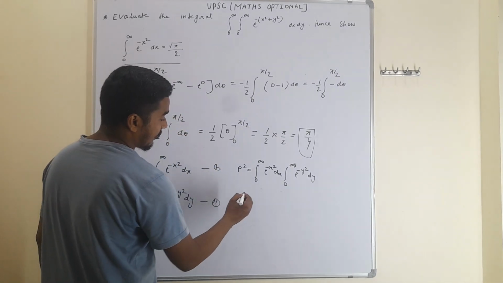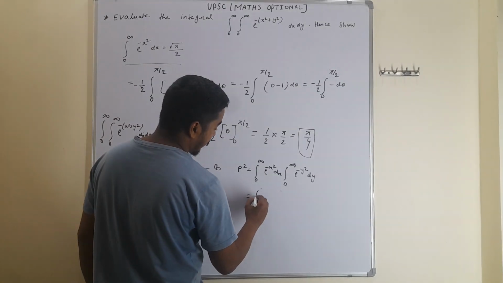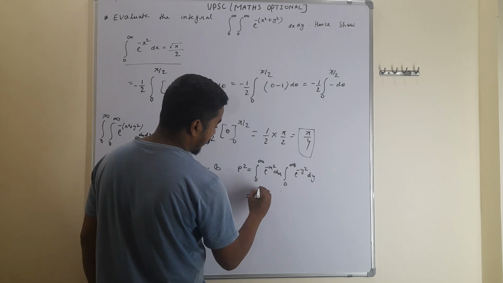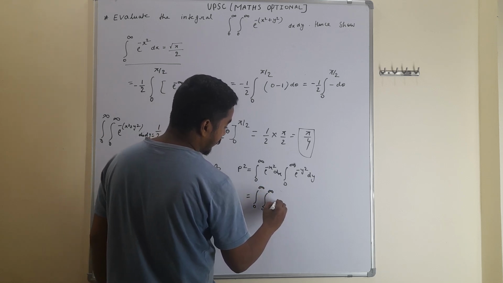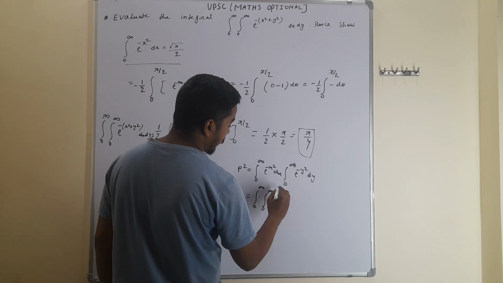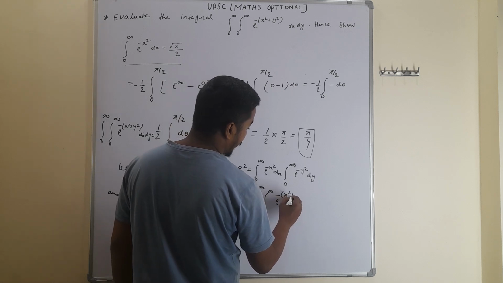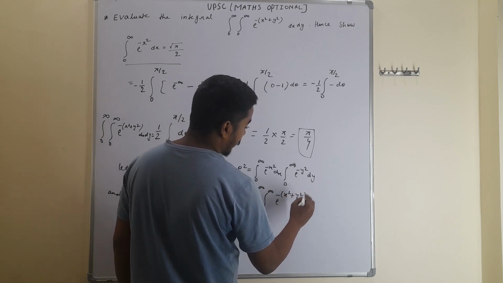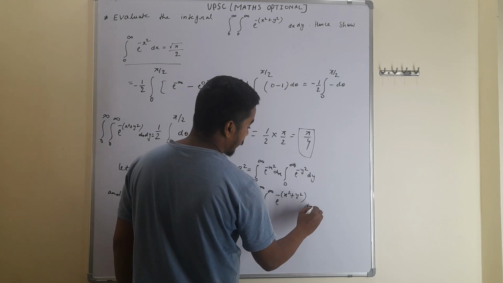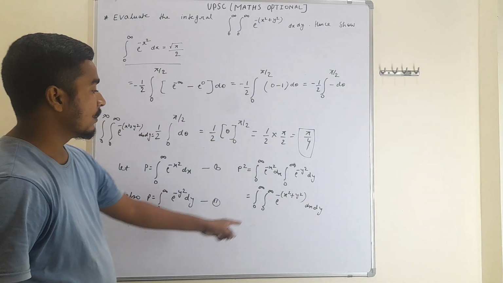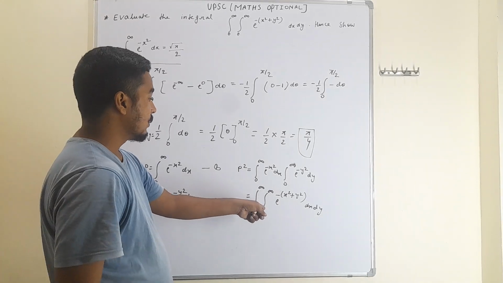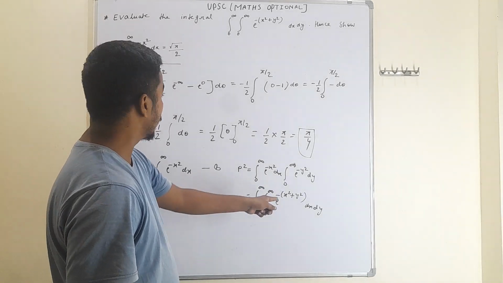Then from here, 0 to infinity of e to the power minus, taking common, (x square plus y square) dx dy. We have to find the value of this given integral.